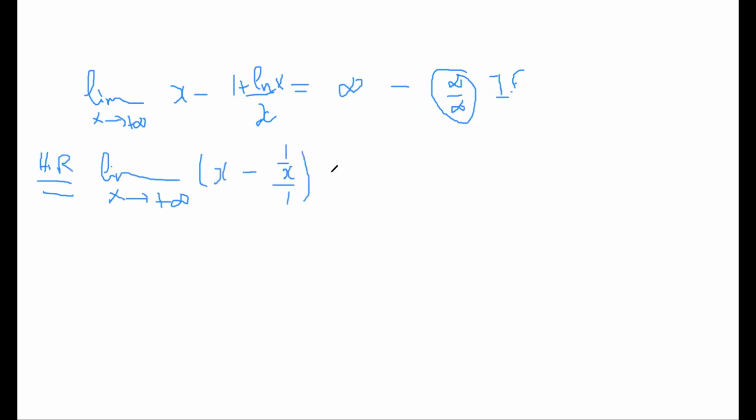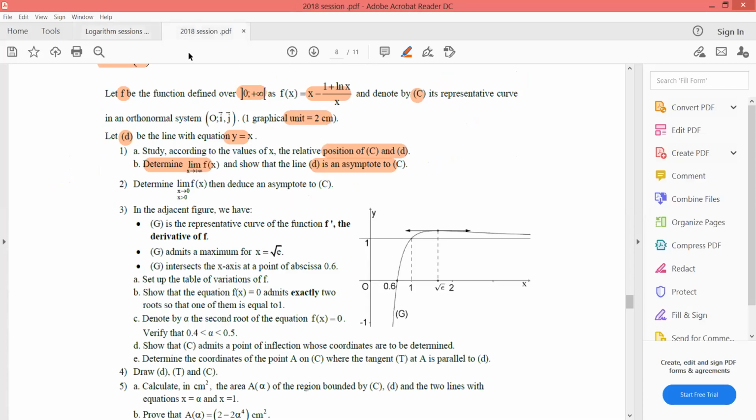By replacing x by infinity, we get plus infinity minus 1 over plus infinity, which is equal to plus infinity. So the limit of f(x) as x tends to plus infinity equals plus infinity.